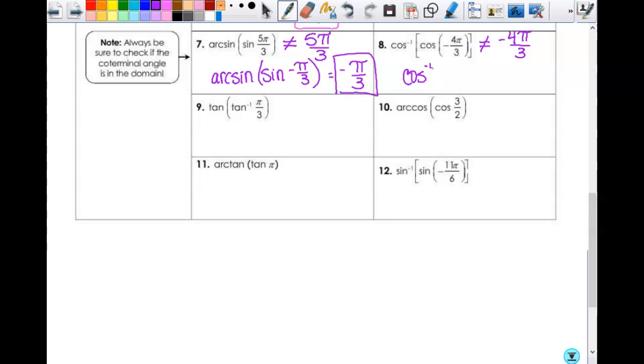So this negative 4π/3 gets me into what quadrant? The 2nd quadrant. And in the 2nd quadrant, is cosine positive or negative? Negative. So this is a negative 1/2, right? So when the cosine value is a negative 1/2, what is the angle? It's still a π/3 angle, but for cosine, it's got to be between 0 and π, so it is 2π/3.